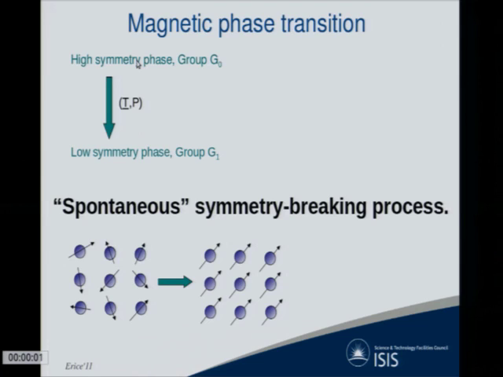Okay, the one thing that is important is that, like any other type of structural phase transition, or phase transition in general, this is a spontaneous symmetry breaking process. So if you imagine that the structural phase transition corresponds to a condensation of a soft mode, exactly the same thing for magnetism. For magnetism, this is a spontaneous symmetry breaking process.